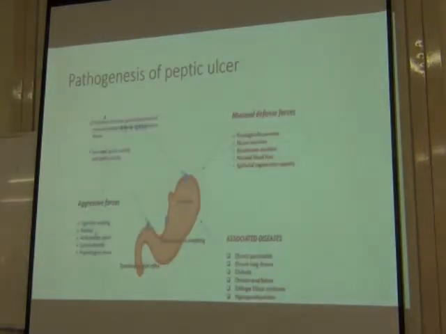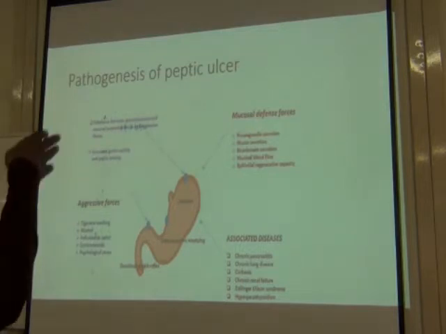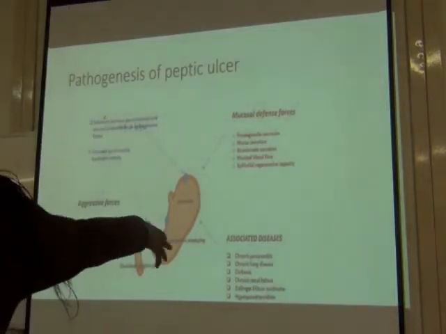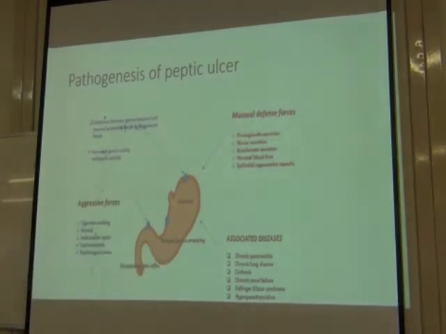Here, an imbalance between your gastrointestinal mucosal protective factors and aggressive factors will lead to an ulcer. Aggressive factors are here, defense forces are there, and the associated diseases that can arise as a result of peptic ulcer are also indicated here.